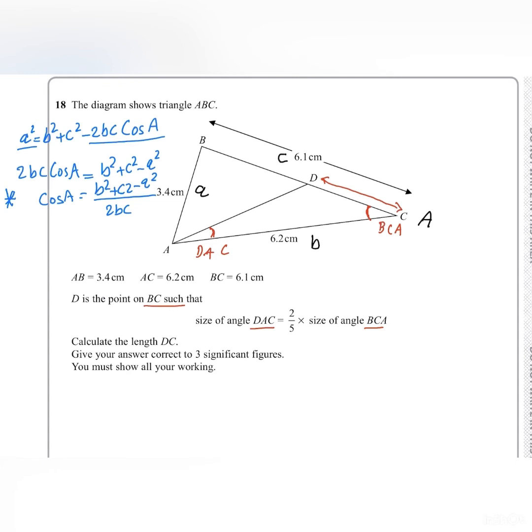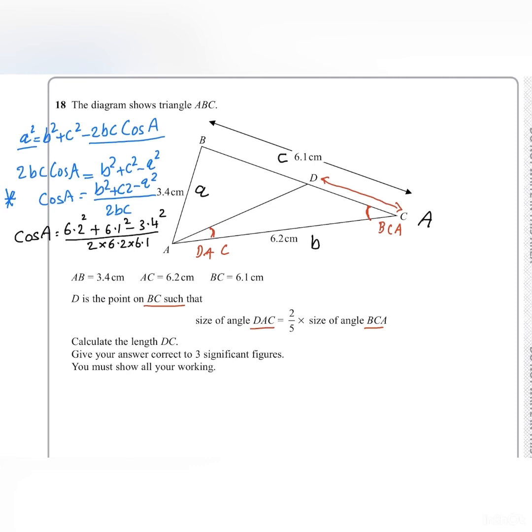So substituting the values in, cos of A would be B squared, 6.2 squared, plus C squared, 6.1 squared, minus a squared, which is 3.4 squared, and all of that divided by 2 times B times C, which is 6.2 times 6.1.